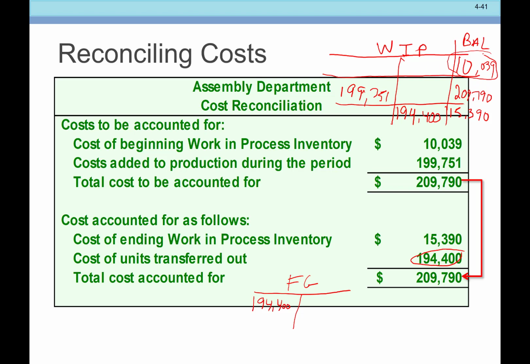Okay, then remember, we would go ahead and debit work in progress, credit materials for the indirect materials, salaries payable for the indirect labor. For the utility bill, we would be crediting utility, debiting the work in progress. All of our direct materials, direct labor, etc. would be going in there, and we would be putting it in here at a total of 199,751.